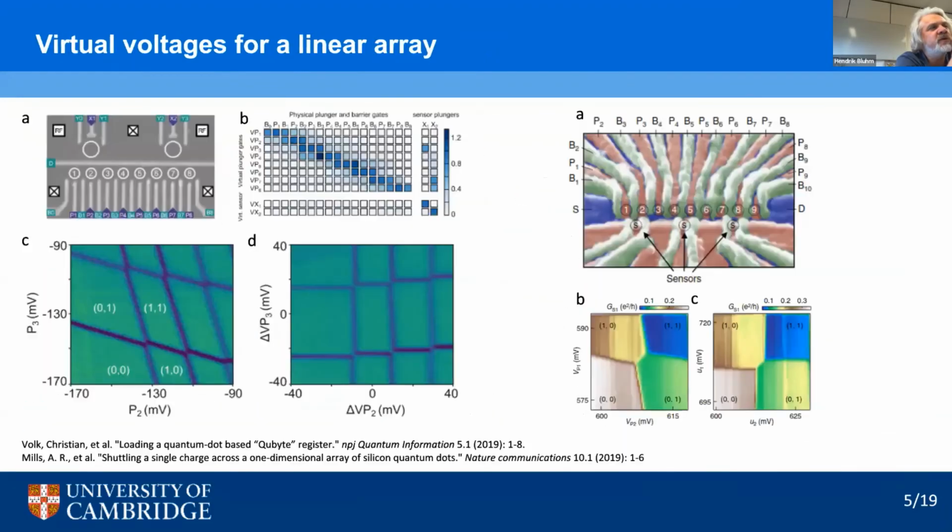You pick one point in your charge diagram on the transition, do a line sweep through that, so you see the transition between the states, and then just see how this transition shifts if you change any other gate voltage. And then you in principle get all lever arms in the system on an equal footing. It's of course a local measurement, which may be disadvantageous, but perhaps also simplifies things. So I'm curious if you have any insight.